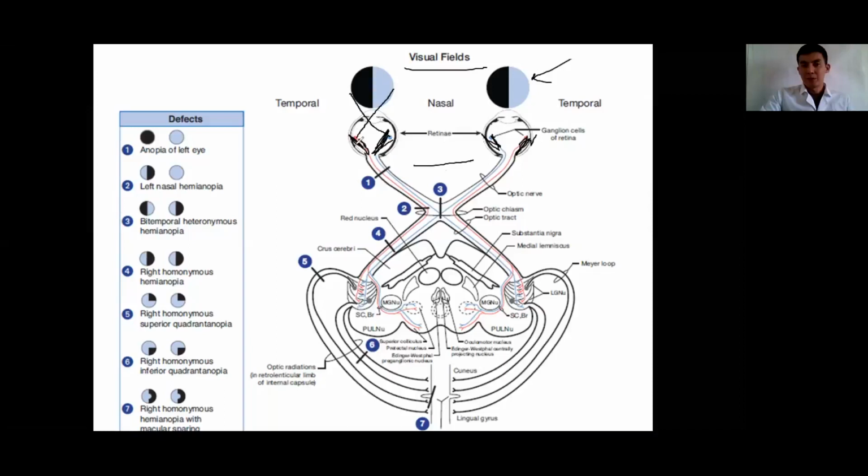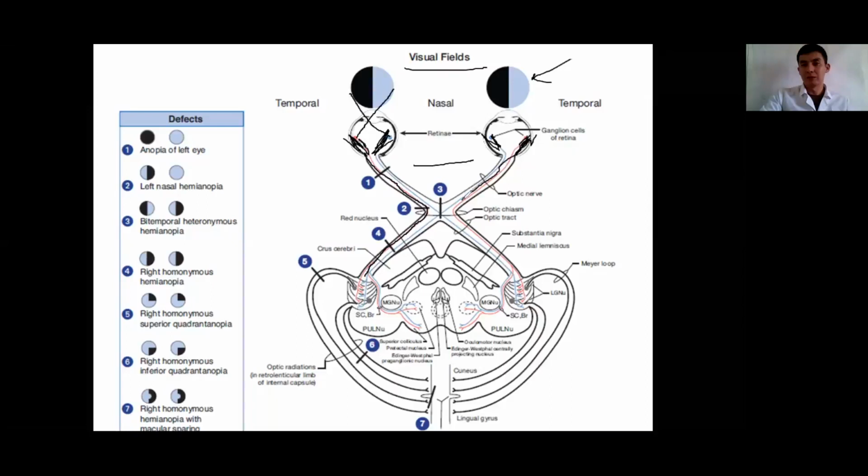The temporal retina of each eyeball gets the information and it is delivered by the optic nerve to the ipsilateral part of the nervous system, the ipsilateral part of the geniculate nucleus. And the same on the right side.